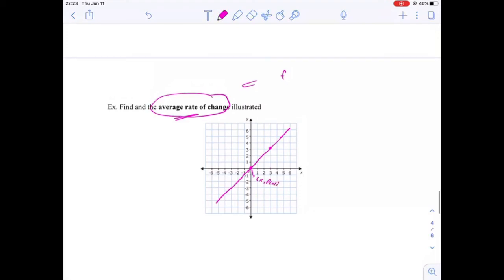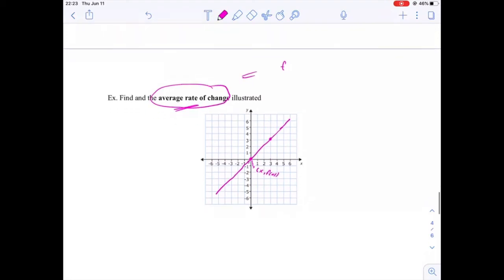Actually, there are different formulas for this, but let's write it this way: f of b minus f of a over b minus a. Let's use a and b, maybe it's easier because in the book it's written in this form. So we have a and f of a, and this is b and f of b, the image of b.